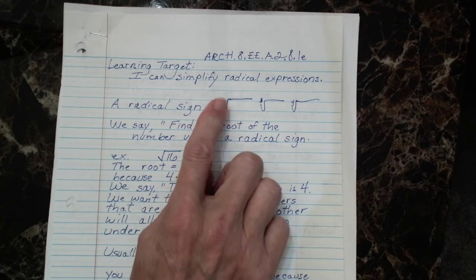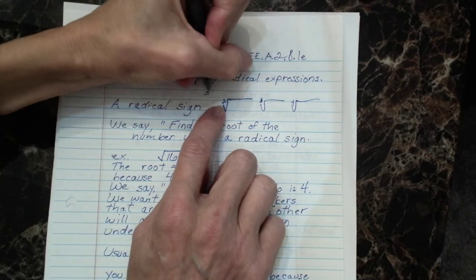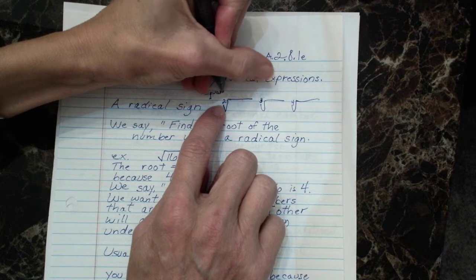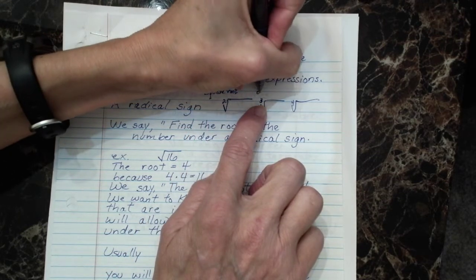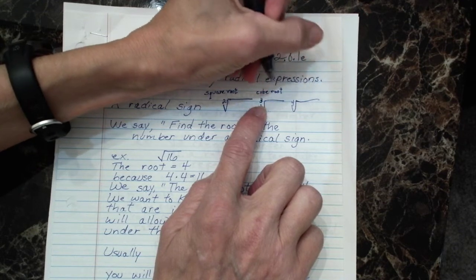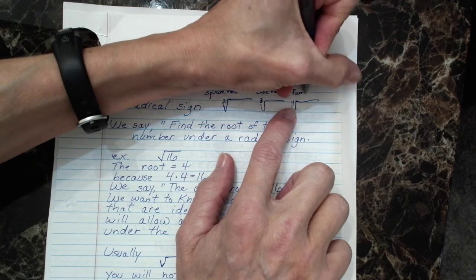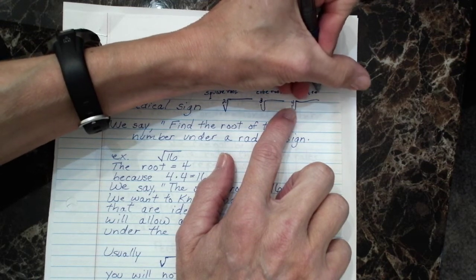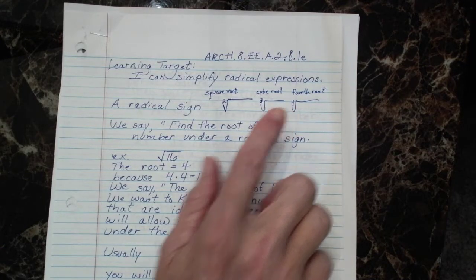When there's a 2 here, we call that the square root. When there's a 3, we say the cube root. And there's a 4, we just say the fourth root, and so on.